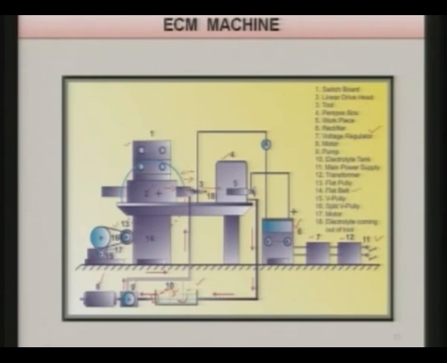Then there is a flat belt, fourteen, and then a V pulley at fifteen, which is connecting these two pulleys, and then a split pulley, and then motor seventeen is there, and then you can see the electrolyte coming out of the tool over here. So, this is really a good example of how to utilize a lathe machine and make a horizontal electrochemical machining machine.